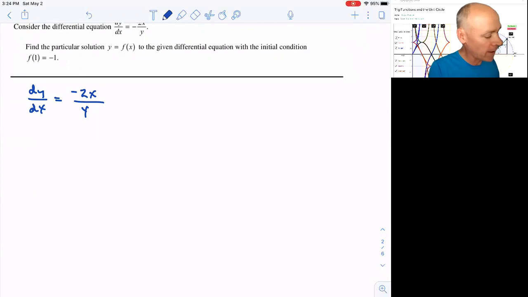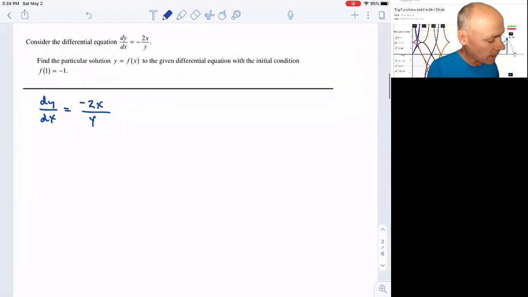So I'm going to multiply both sides by y to bring the y over to the left side. I'm going to get y dy is equal to, and then multiply both sides by dx, so I get on the right side negative 2x dx. Okay, so that's the separation of variables, first step.